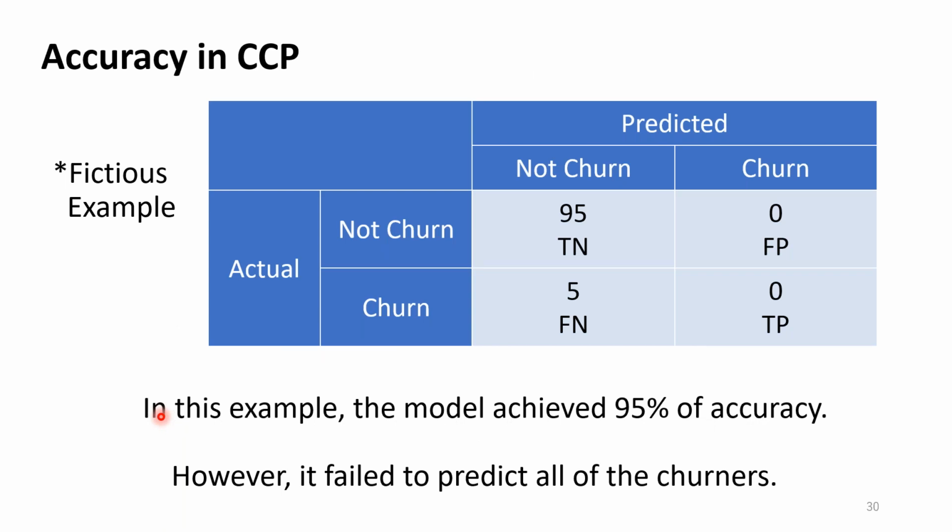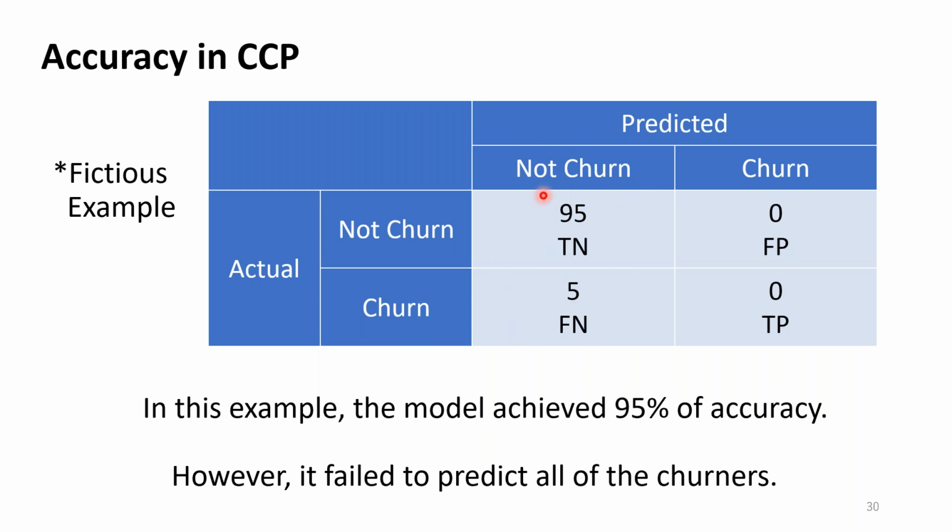Let's see the fictitious example in the slide. This is a confusion matrix using fictitious data. In this example, if only 5% of the observations are churners, the prediction model can easily achieve 95% accuracy by just labeling all observations as non-churners, like this.